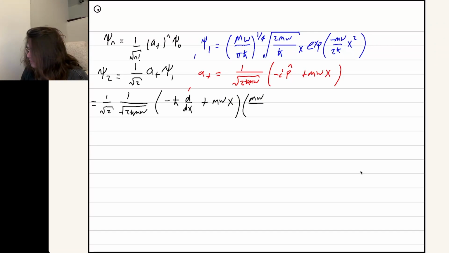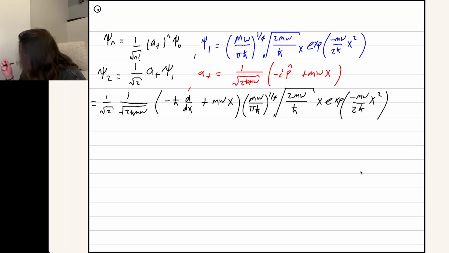We have this thing to the 1/4, we got this thing from psi 1 here. And then we just have the x times e to the minus m omega over 2h bar x squared. And that's it.